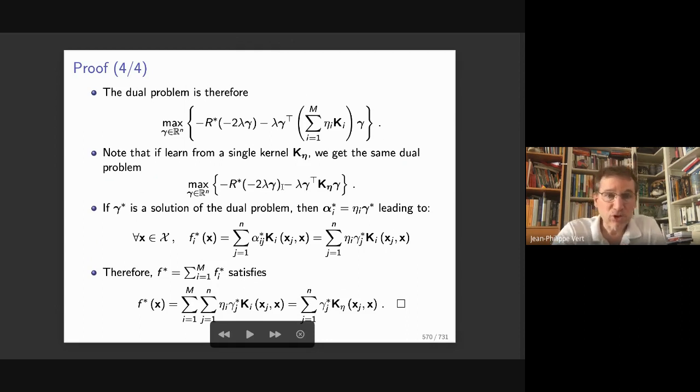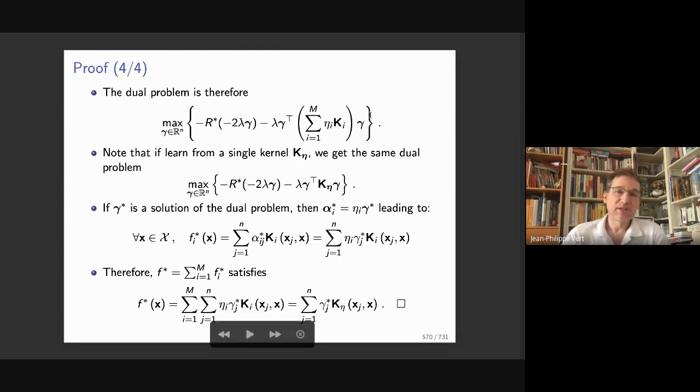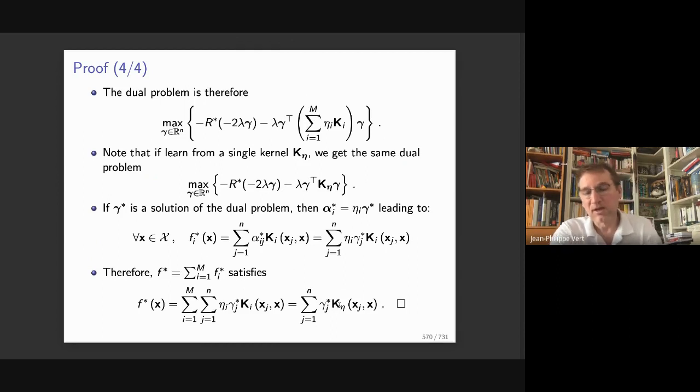So in conclusion, when you solve the big optimization problem over m functions, you obtain a dual problem which is the same dual problem as if you train with just k eta, so you have the same gamma. And the second thing is that the function you obtain, the sum of fi star, is also the sum of gamma j k eta. So this is also the function you would get if you just train with the kernel k eta.